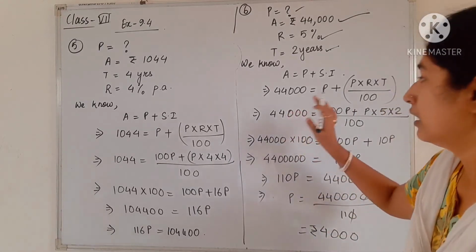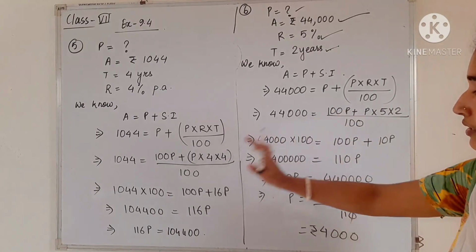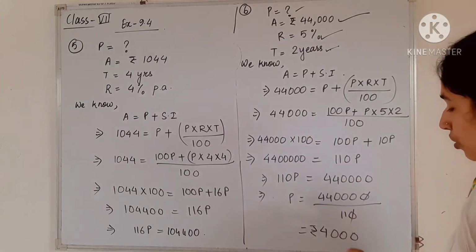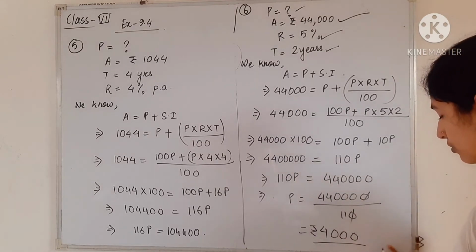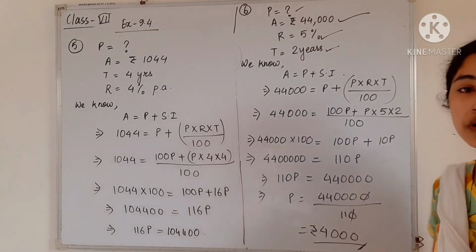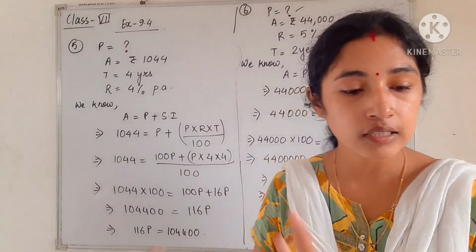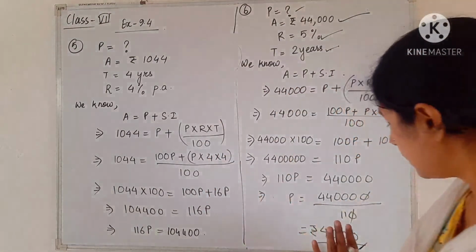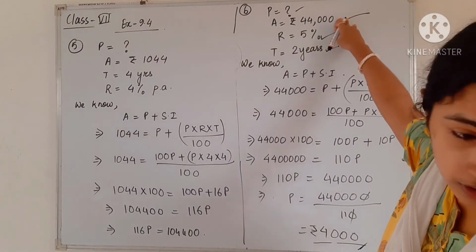After similar calculation, in this case and this case also, I am doing the same calculation, same simplification. So here we are getting the principal as 44,000. This is the principal. So we got the answer of the first part, that this principal amounts to 44,000.